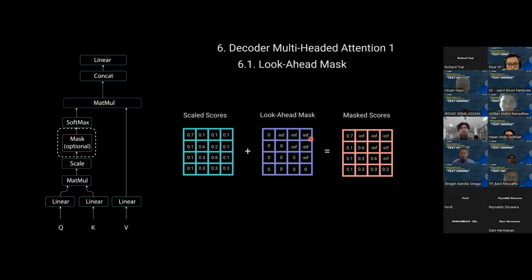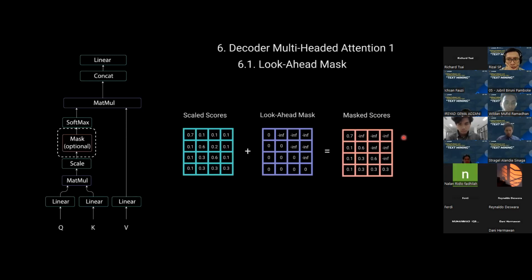When we add any value to negative infinity, the result remains negative infinity. Therefore, in the result matrix, the entries in these positions will still be negative infinity.